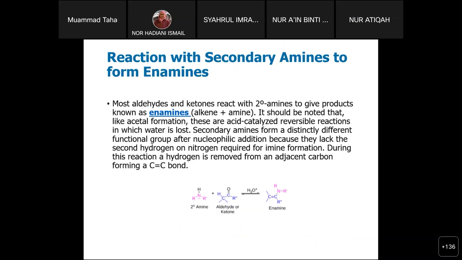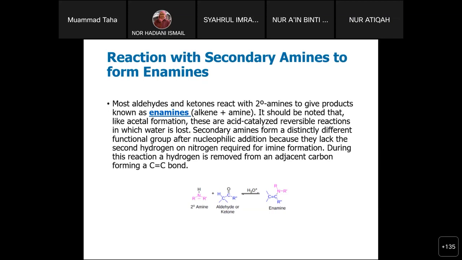Reaction with secondary amines to form enamines. Most aldehydes and ketones react with secondary amines to give a product known as enamine, alkene plus amine. It should be noted that like acetal formation, these are acid catalyzed reversible reactions in which water is lost. Secondary amines form a distinctly different functional group after nucleophilic addition because they lack the second hydrogen.